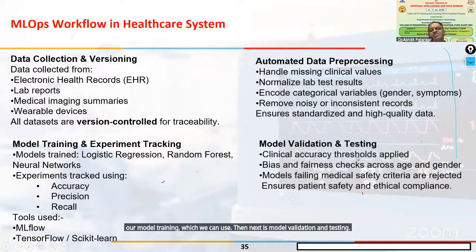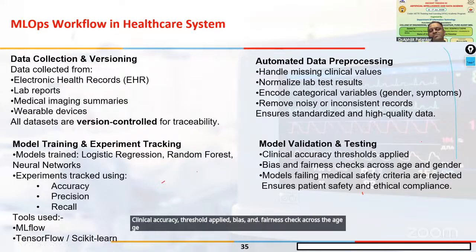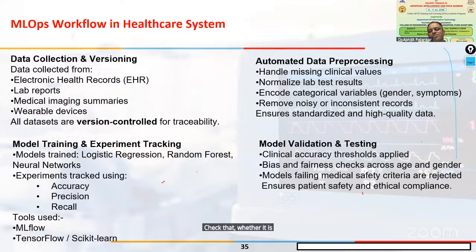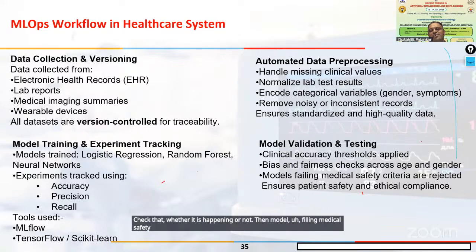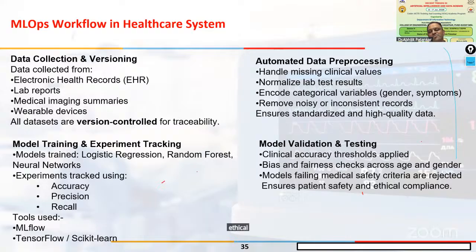Clinical accuracy thresholds are applied, and bias and fairness checks across age and gender, we can check whether it is happening or not. Models failing medical safety criteria are rejected automatically, ensuring patient safety and ethical compliance. So whatever is not relevant is removed, and patient safety is integrated by clinical accuracy and threshold value.